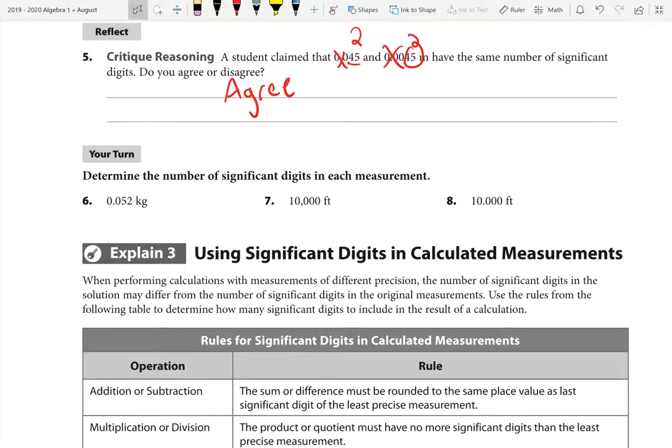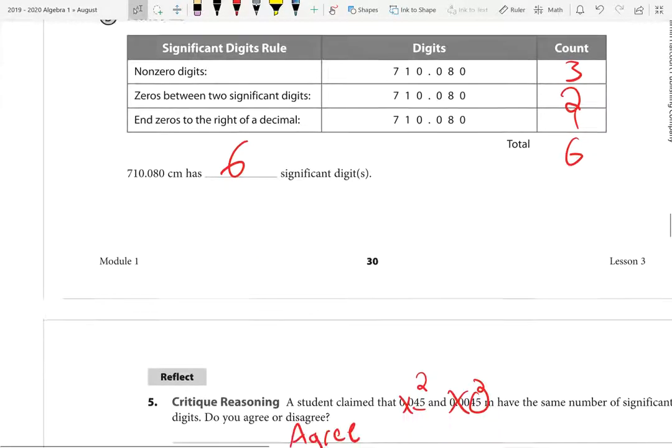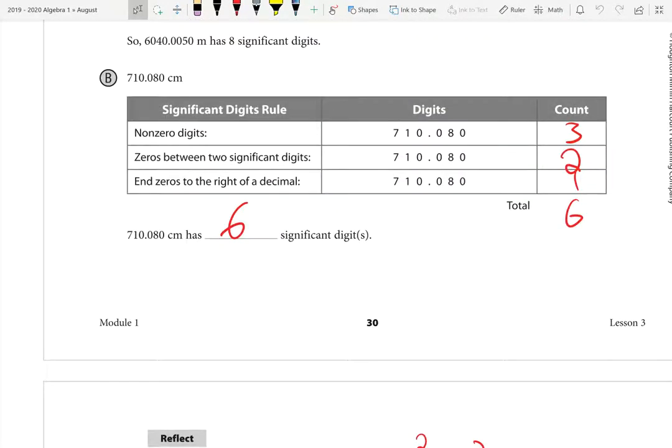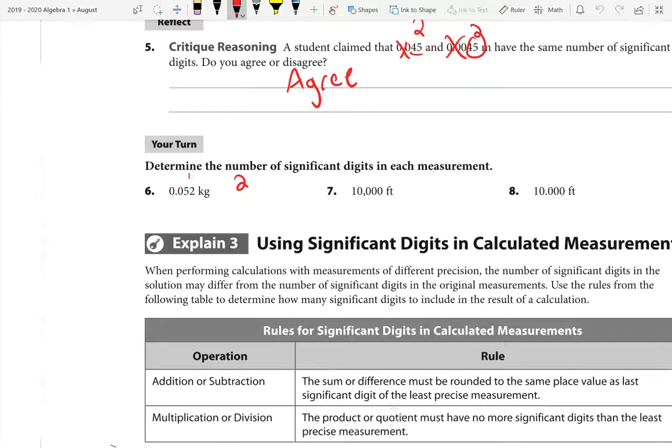All right, so let's look at number 6. If we follow the rules, non-zero digits, let's count those first. There's a 5 and a 2. So there are 2 non-zero numbers. Now let's look for zeros between the 2 significant digits. There are no zeros between the 5 and the 2.